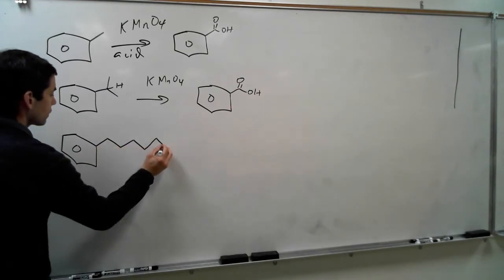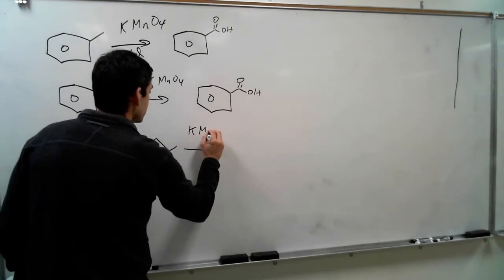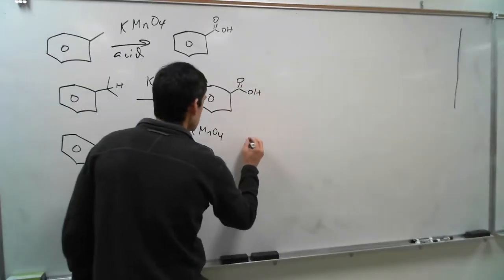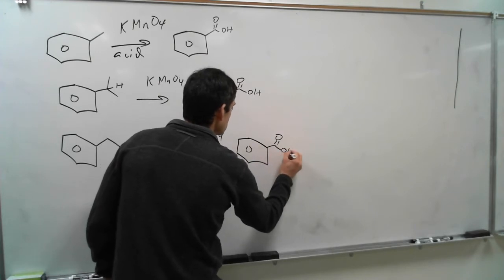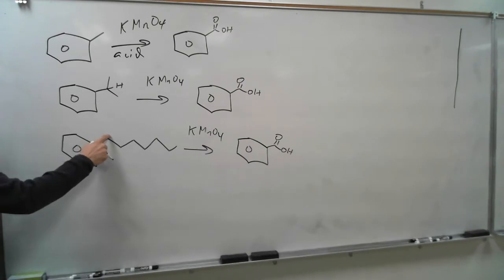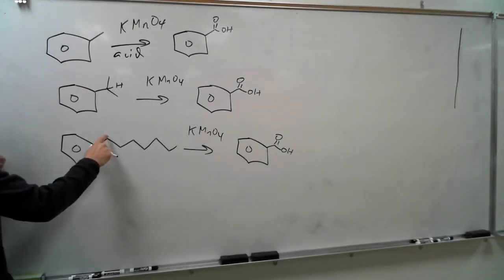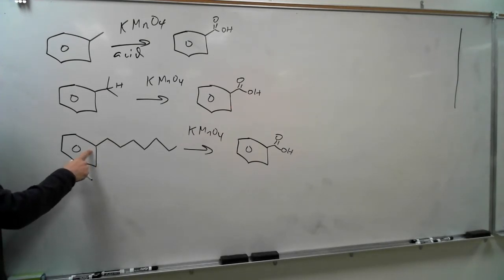So I can go as long out here as I want. We'll oxidize it, KMnO4. We'll get that carboxylic acid, right? Notice how we always have a CH here at this benzylic position. That benzylic position is going to be the carbon directly attached to our aromatic ring, okay?